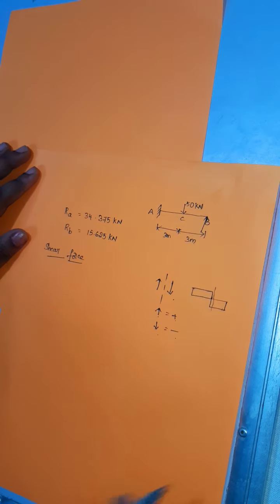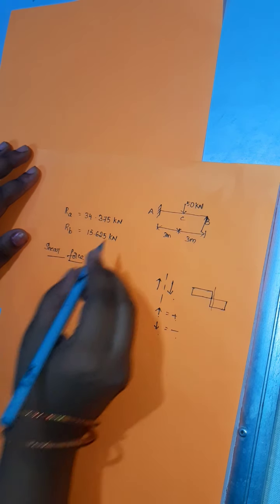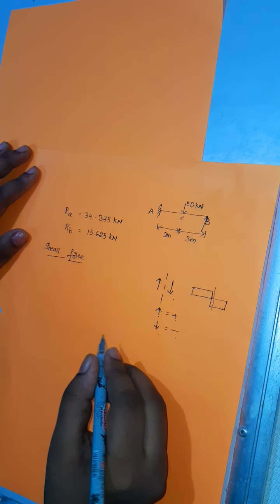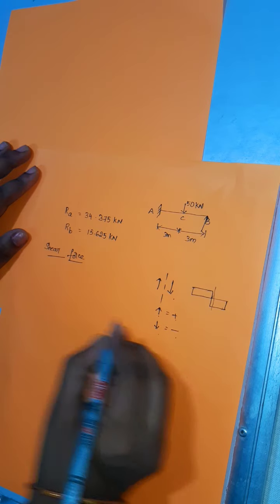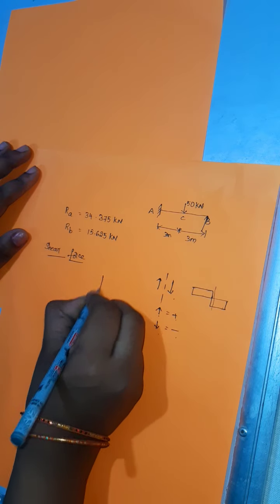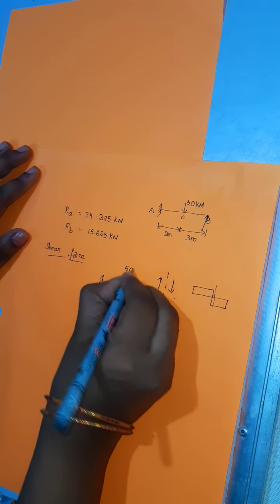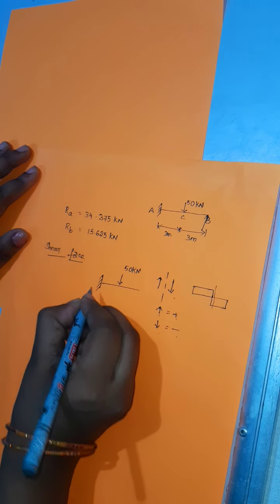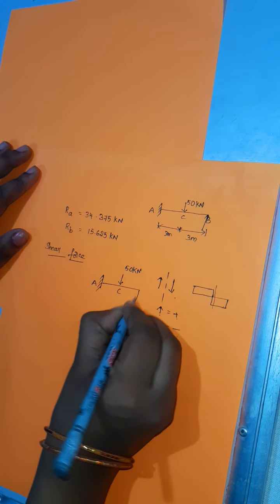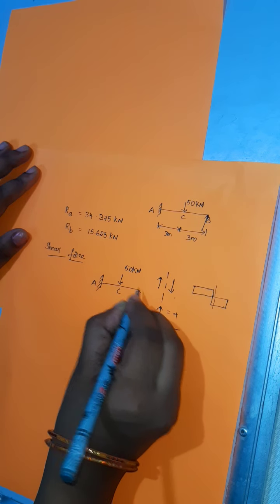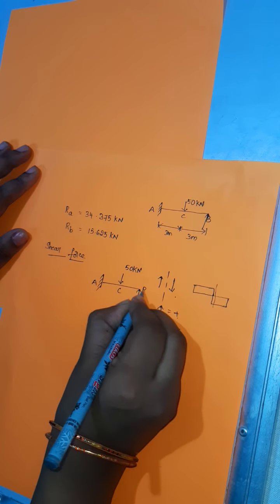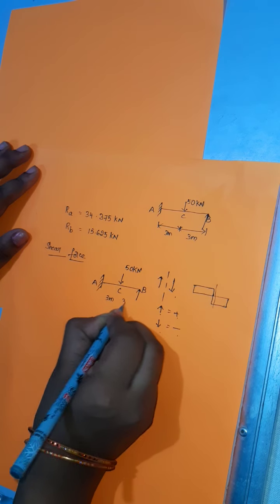See here, I want to draw shear force and bending moment diagram. 50 kilonewtons, A, C, and this is my prop, 3 meters and 3 meters.